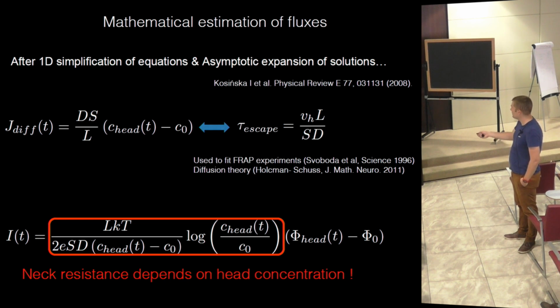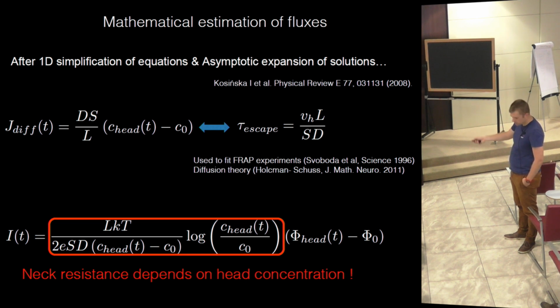Just to be clear, if C head tends to C0, you make an expansion of the log and obtain that the current is length kT to ESD, and here you just have C0.